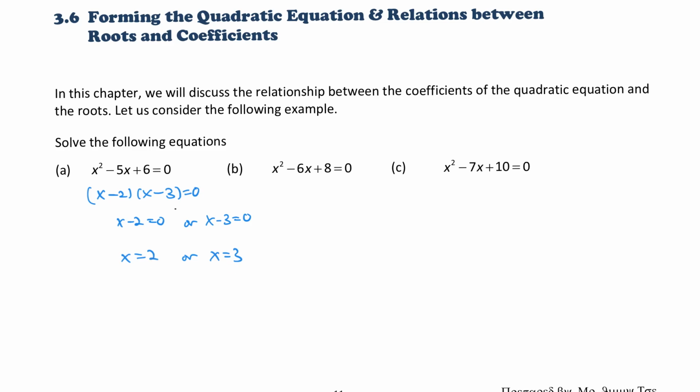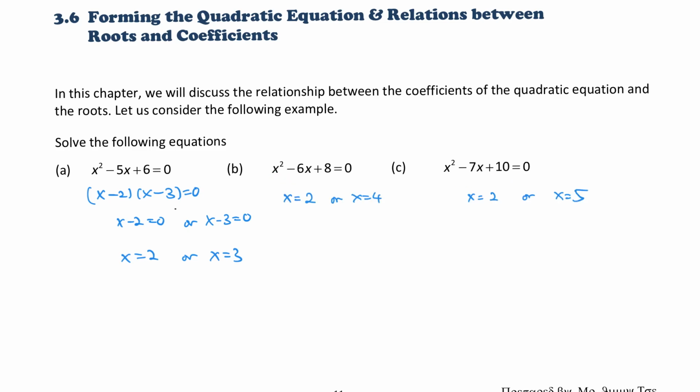Can you see the multiplication of these two numbers is equal to the constant term, and the sum of these two roots, which is 5, is equal to the negative of the coefficient of x. Let's see, can we find this relationship in questions B and C?